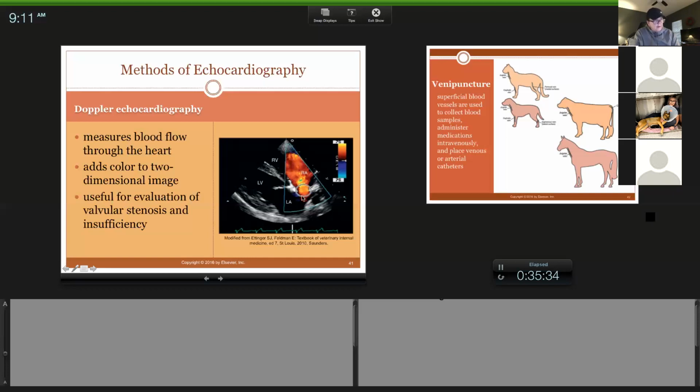So the nice thing with the Doppler, it can show us that there is a hole, but any ultrasound can show that hole. But if you have a Doppler with the color, it can tell you what color of blood is in that chamber. And again, that's abnormal. You can see there's a little bit of blue right there if you're looking close enough.